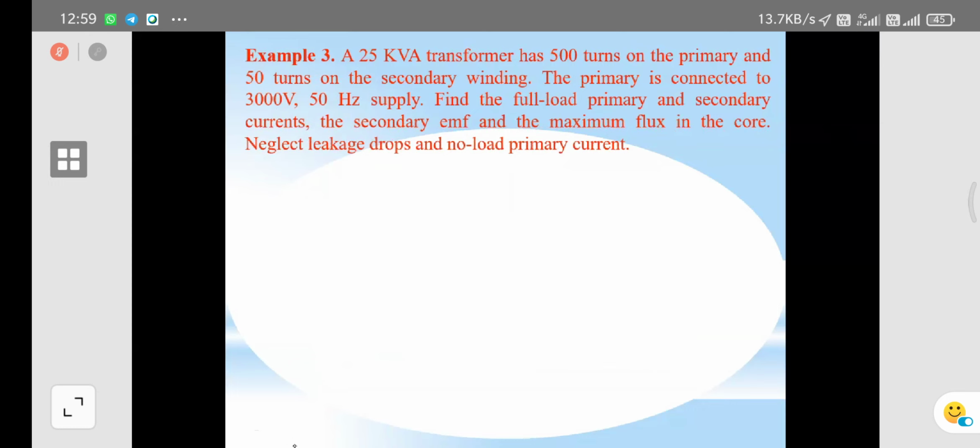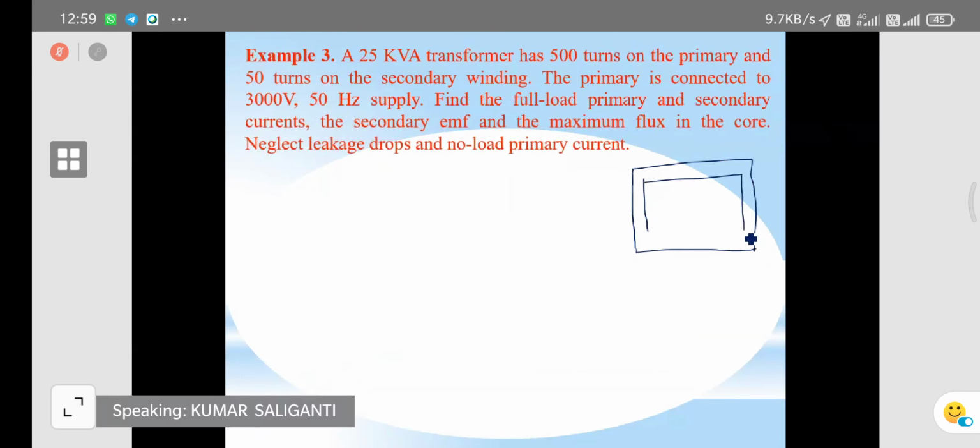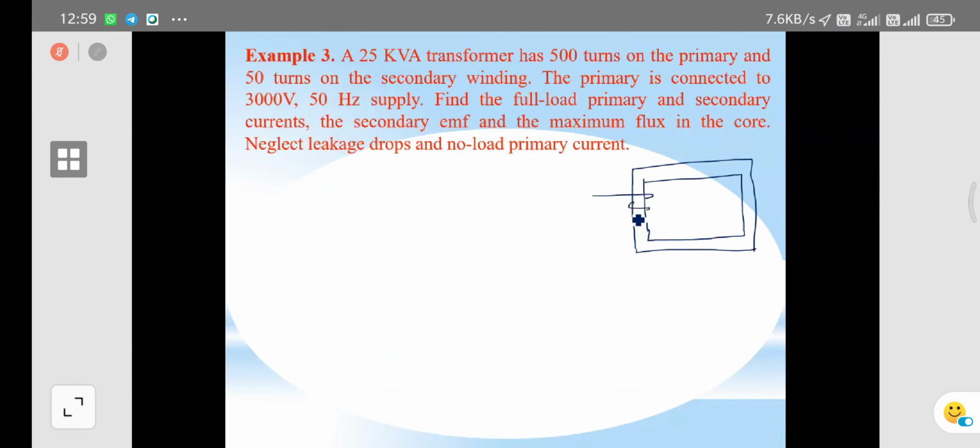So first of all, before doing this problem, you have to draw the circuit diagram. Please all of you do this problem first. Now this is an ideal transformer.